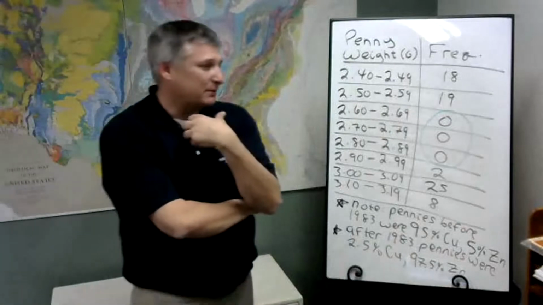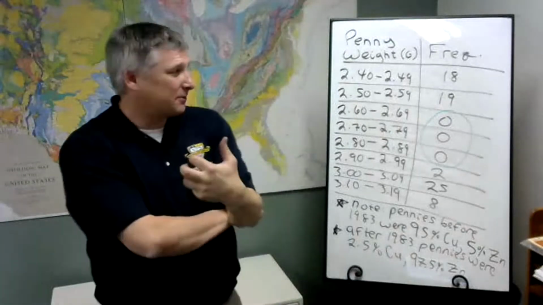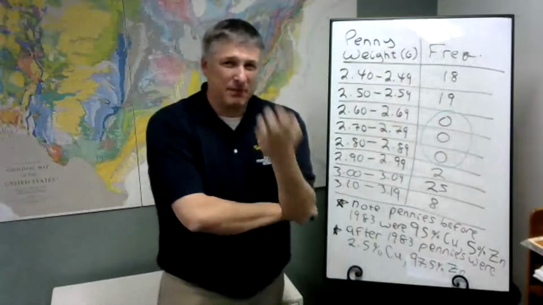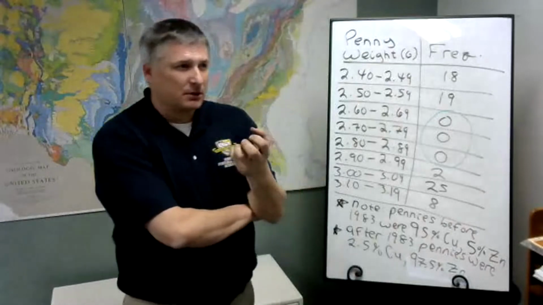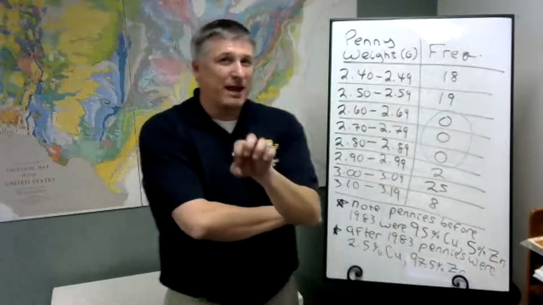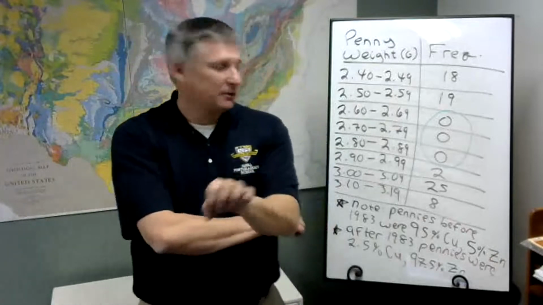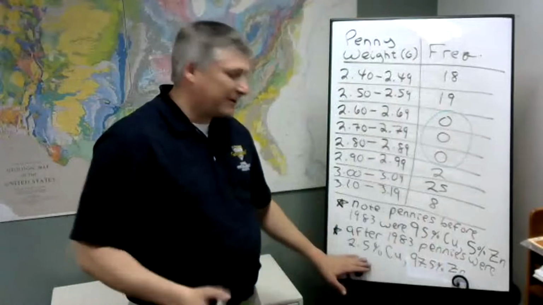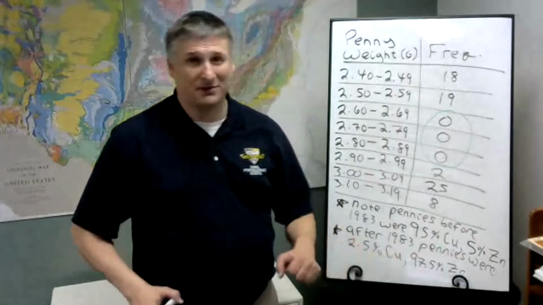So what happened? Pennies before 1983 have a very different balance of composition, far more copper than zinc, which is not what happened after 1983, where now there is very little copper and a whole bunch of zinc.